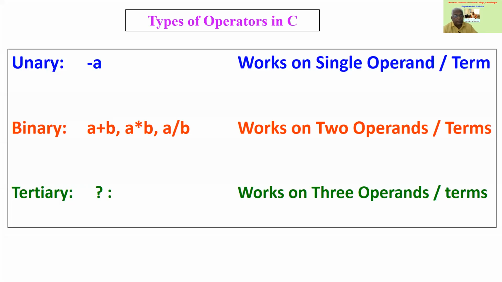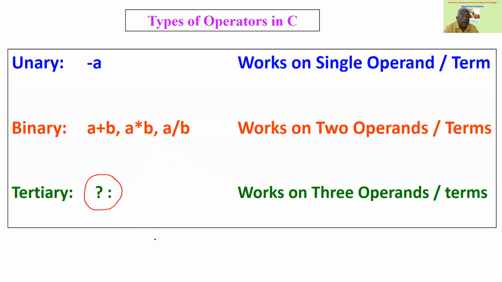In C language, there is one more different kind of operator called as tertiary operator. It requires three operands. And let us see what is its symbol. See, question mark and colon.